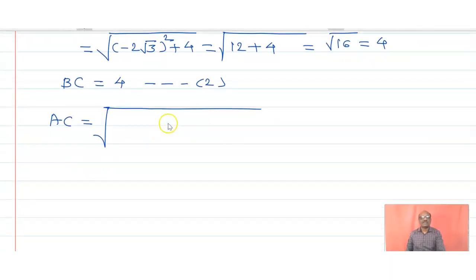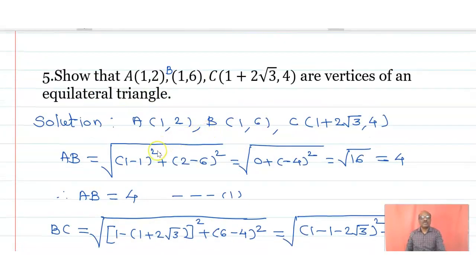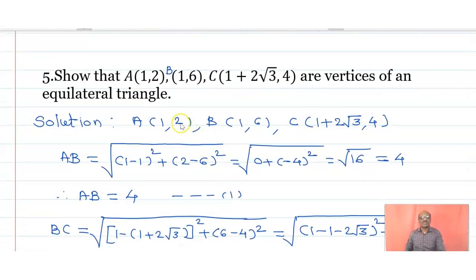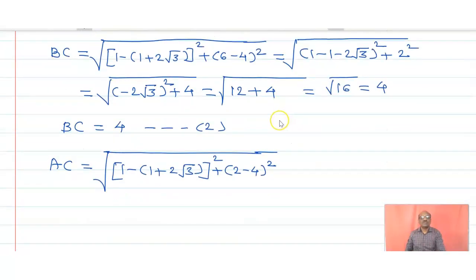Again 1 minus in bracket 1 plus 2 root 3, it's a bracket square. Next, plus 2 minus 4 bracket square. The difference of the y coordinates, that is 2 minus 4. And this we will evaluate.